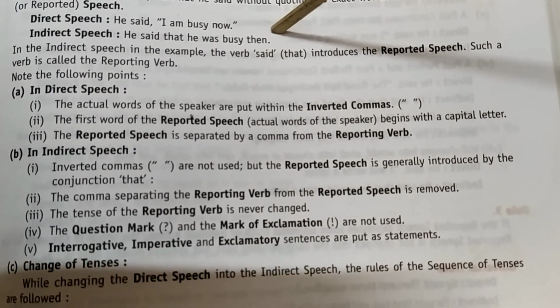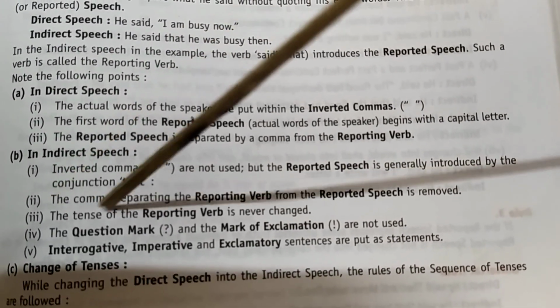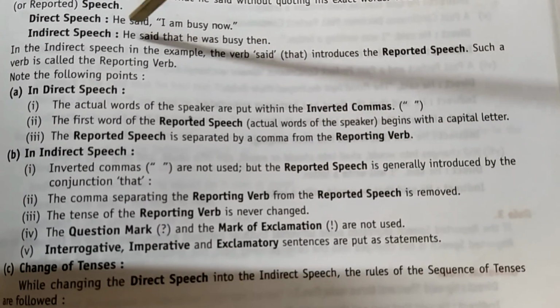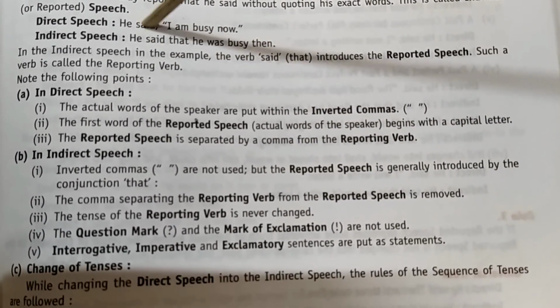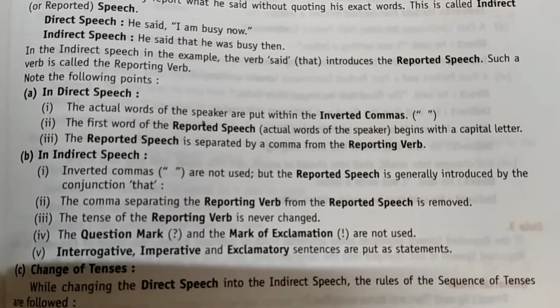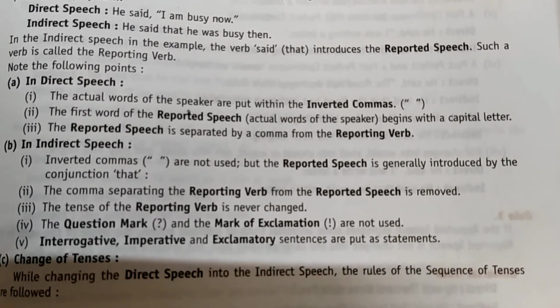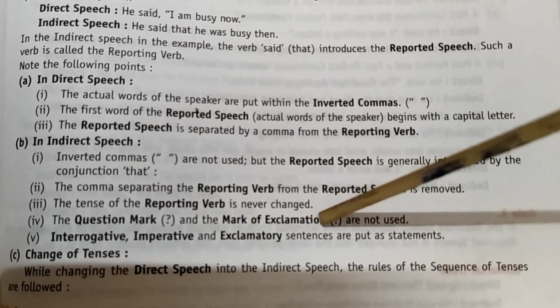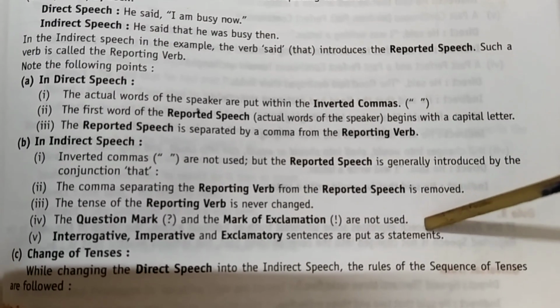Third, the tense of the reporting verb is never changed. This is the reporting verb, said, and the tense of this verb is not changed at all. Next, the question mark and the mark of exclamation are not used.